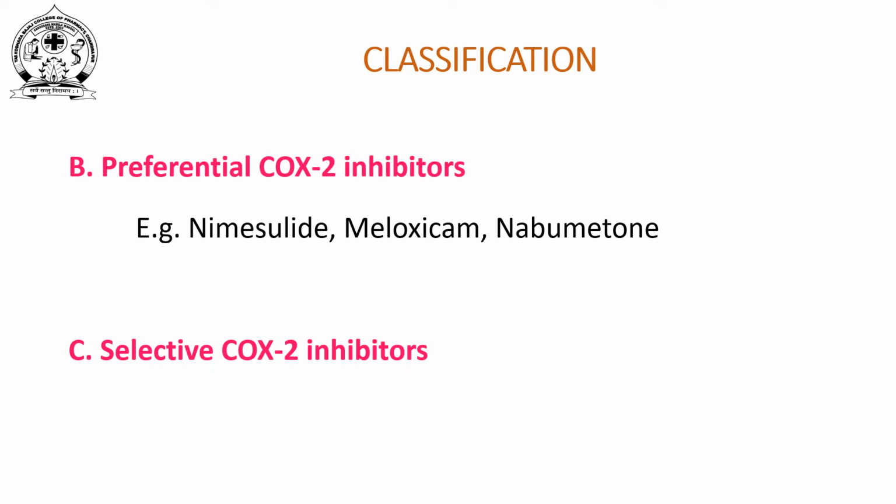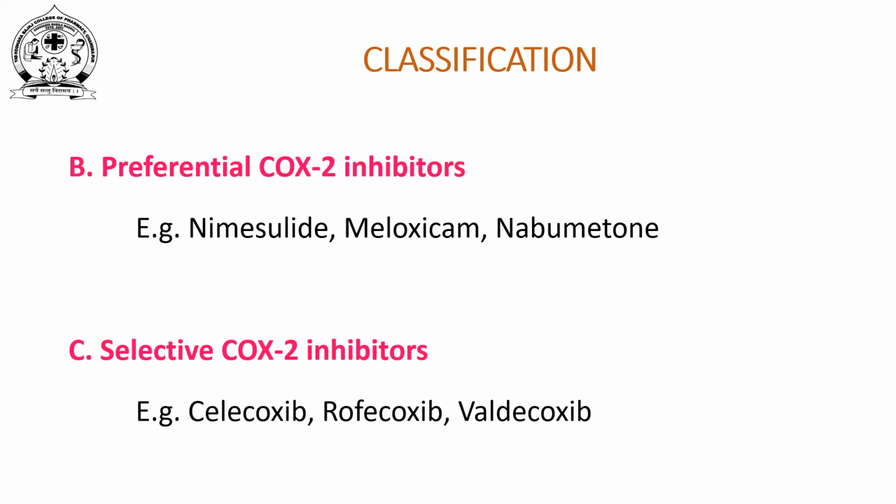These drugs selectively inhibit the COX-2 enzyme, which is mainly responsible for inflammatory conditions. Compared with non-selective COX inhibitors, selective COX-2 inhibitors have fewer side effects, so these drugs are more preferable to treat inflammatory conditions. Examples are celecoxib, rofecoxib, valdecoxib.